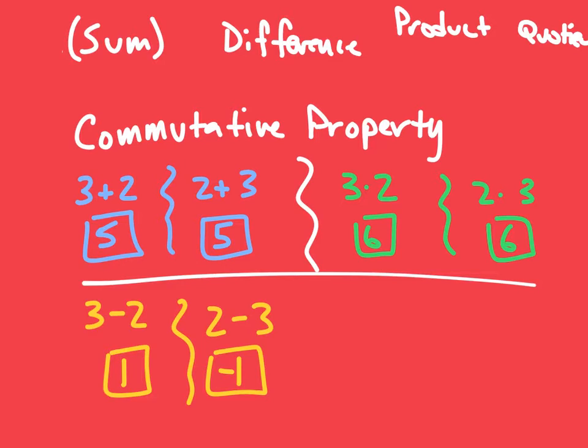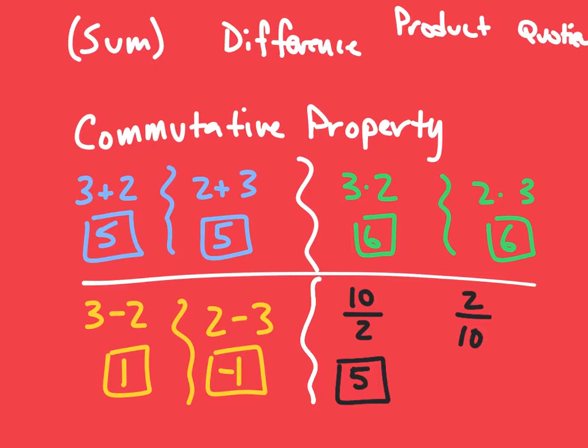Same thing happens when I do division, okay? If I were to do 10 divided by 2, that gives me an answer of 5. But if I do 2 divided by 10, all right, I get something different, and that's going to give me 1/5 or 0.2, okay? So we get different answers if we switch the order in which we subtract or divide, okay?